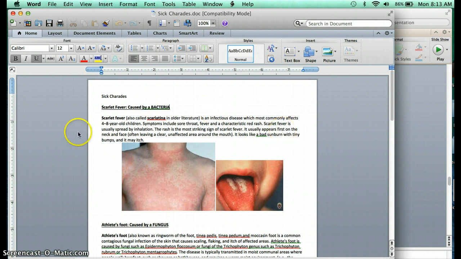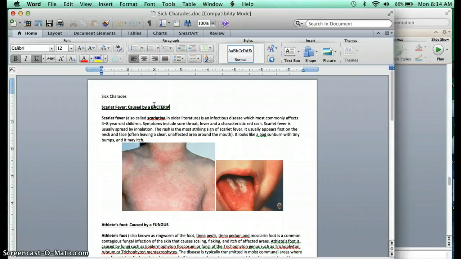Okay, so let's look at a few diseases that could be caused by different microorganisms. One here is called scarlet fever. This doesn't happen as often today, but it was a huge problem like 100 or 200 years ago. It's caused by a bacteria, and it's an infectious disease which most commonly affects 4 to 8-year-old children. So it's mostly younger children. Symptoms usually are sore throat and fever, and there's a red rash, which is why it's called scarlet fever.